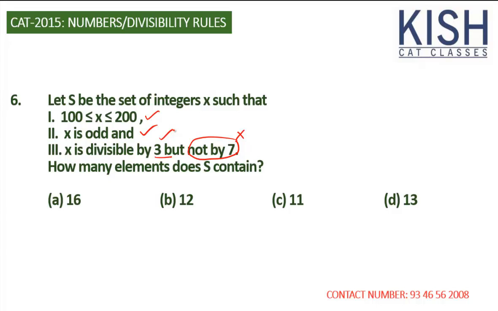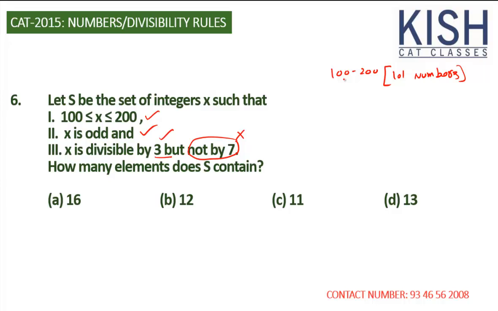That's very easy. Now, x is an odd number and it's from 100 to 200. From 100 to 200, there are 101 numbers. From these 101 numbers, we just need to consider the odd numbers.